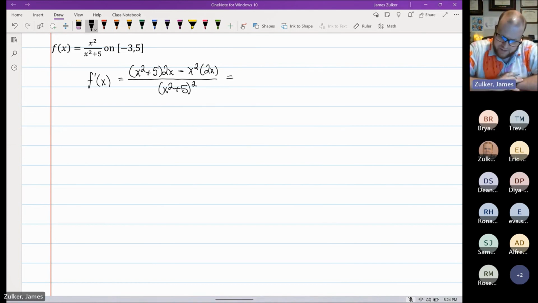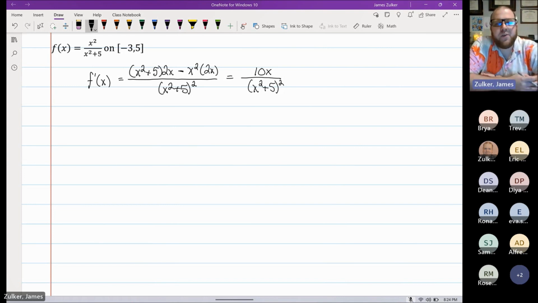All right, let's simplify this. And so it looks like in the numerator we're going to be left with 10x, all over (x squared plus 5) quantity squared.